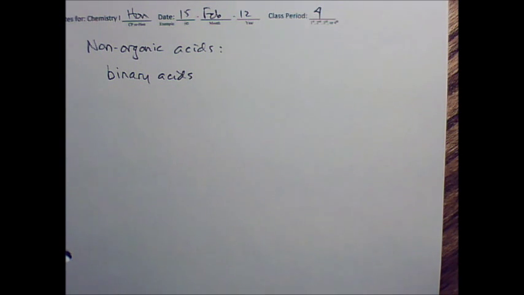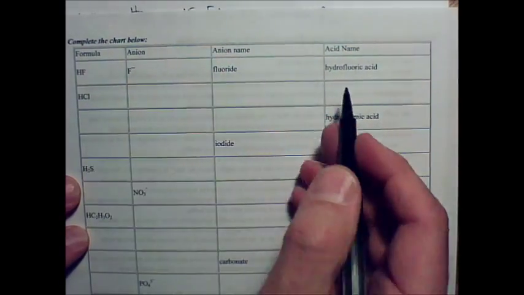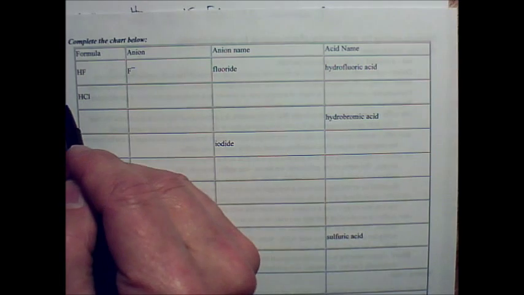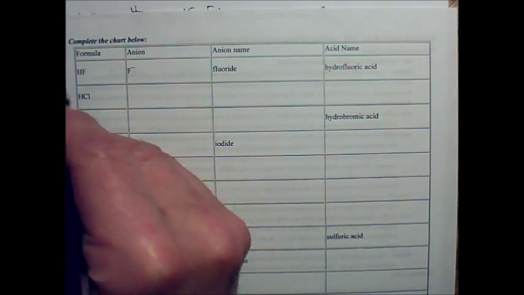I need to get some more complex acids in there. I haven't named those, and since we got her leaving early, let's just check off 5 to do. Since this one's done for you, I want you to do this one here for homework.